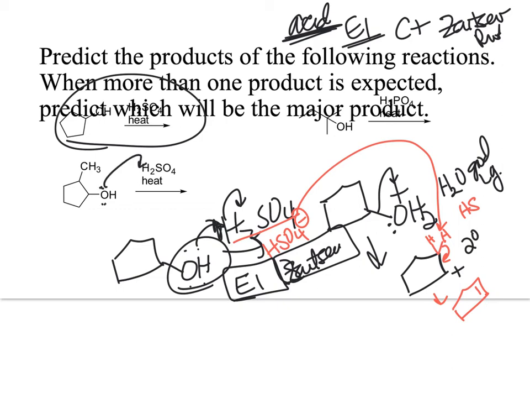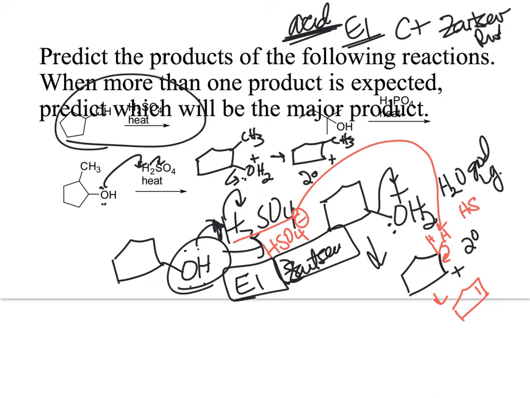These lone pairs, in the presence of acid, will get protonated. And the alcohol then becomes a good leaving group. Those electrons will just push off to give you the carbocation. Now your major product, this is a secondary carbocation.